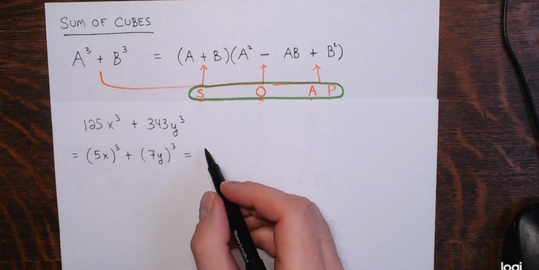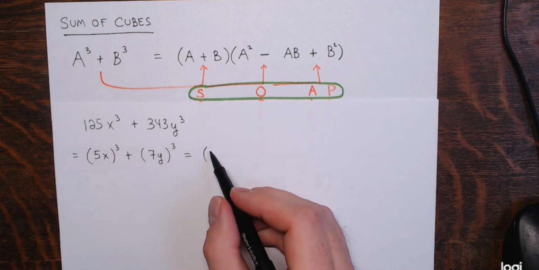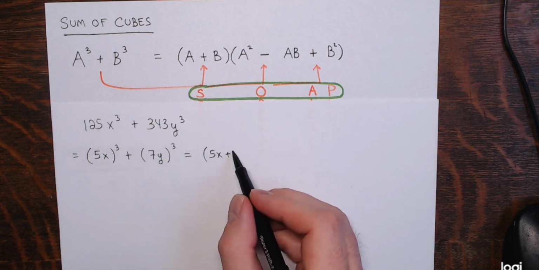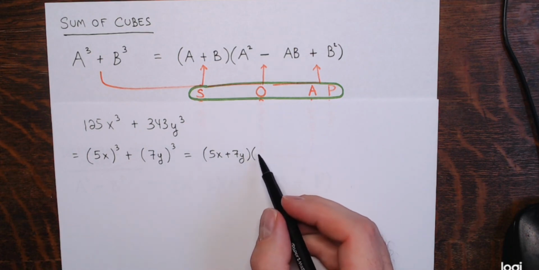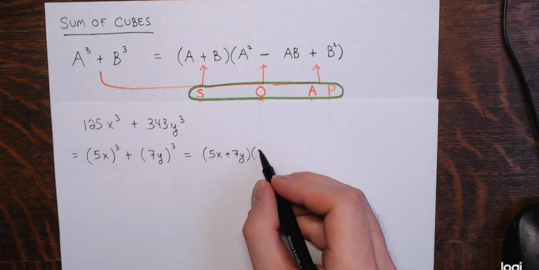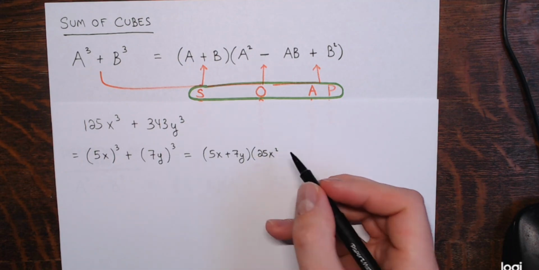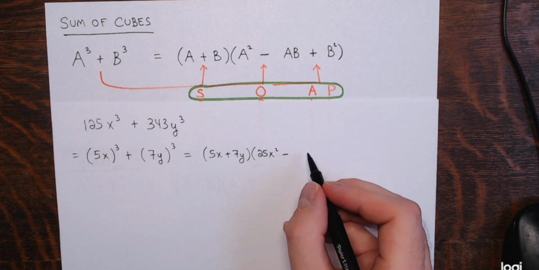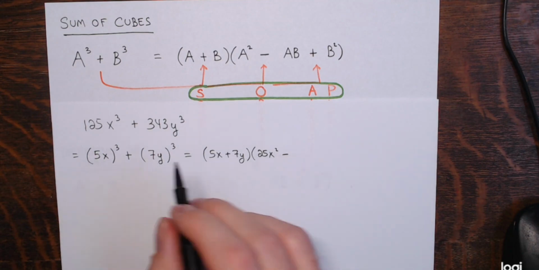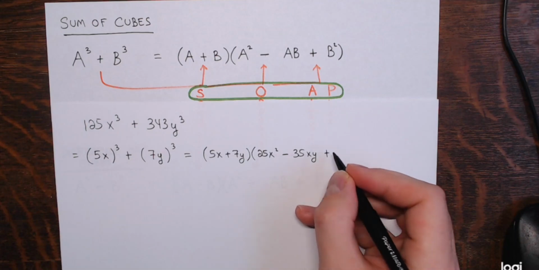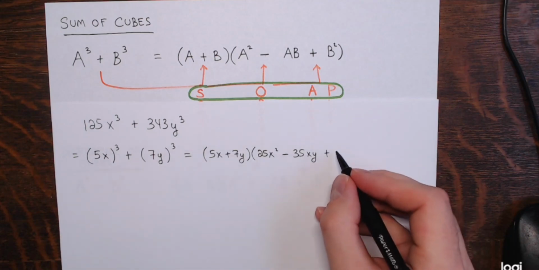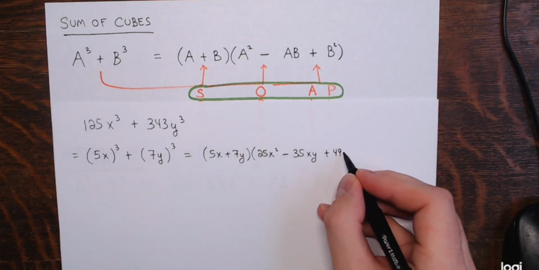So the first factor, a plus b, would be 5x plus 7y. The second factor would be 5x to the second power. I'm just going to simplify it right now. 5x to the second would be 25x squared. And we have minus, and then a times b would be 5x times 7y. That'd be 35xy. And then always plus, and then b squared would be 7y to the second would be 49y squared. And there we go.